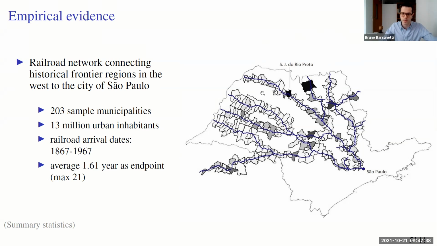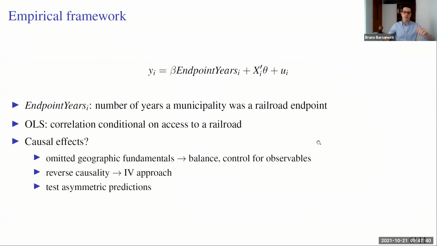So basically, what I'll be showing is that I'll be estimating some version of this model in which we have as our left-hand side variable a measure of city size, mostly the logarithm of urban population 2010. And we see how this is associated with the number of years that town spent as a railroad endpoint in the past.